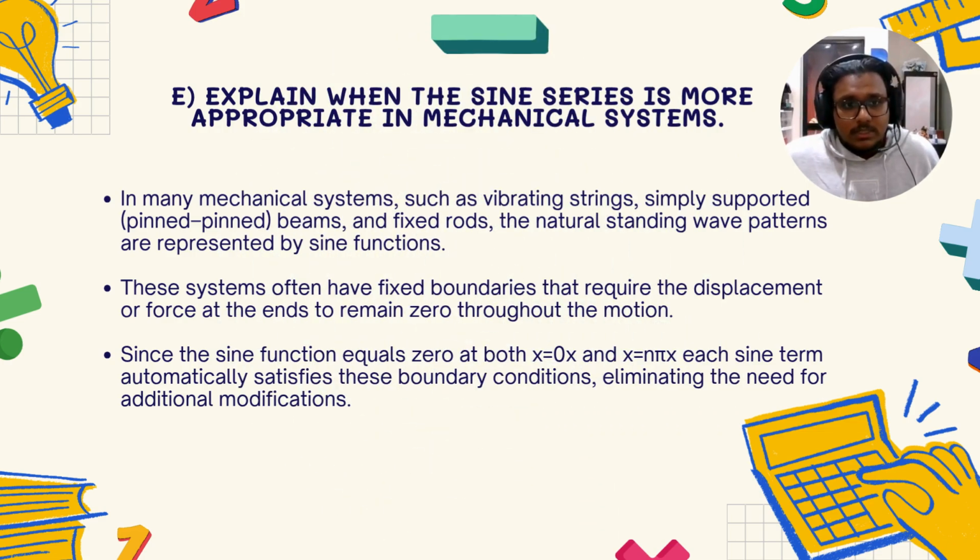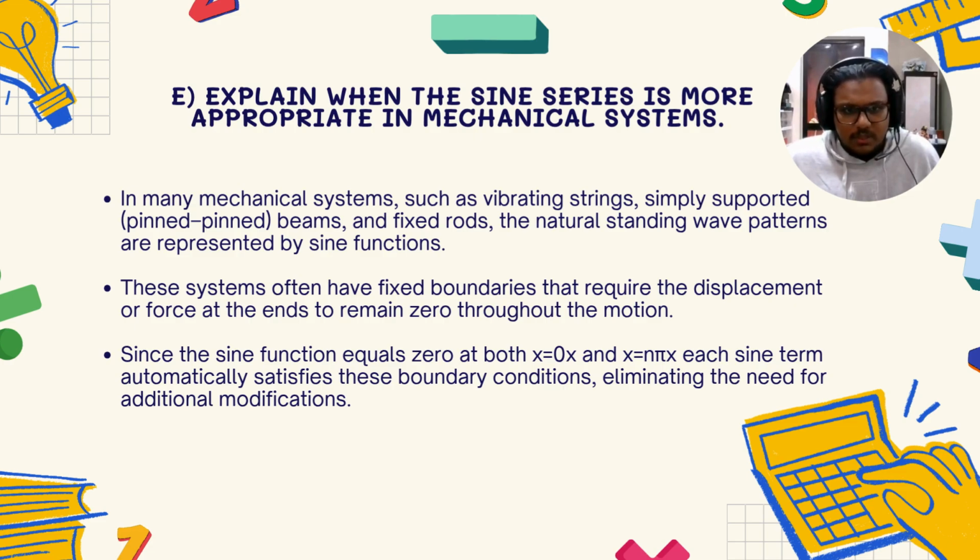So the question is to explain when the sine series is more appropriate in a mechanical system. The first is that in many mechanical systems such as vibrating strings, simply supported pin-to-pin beams, and fixed rods, the natural standing wave patterns are represented by the sine function.